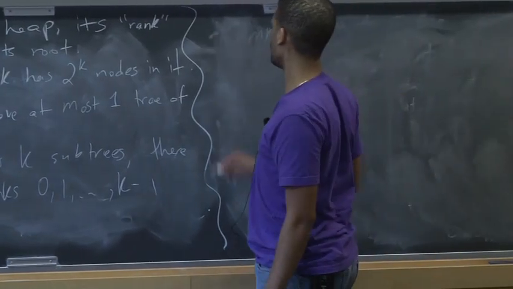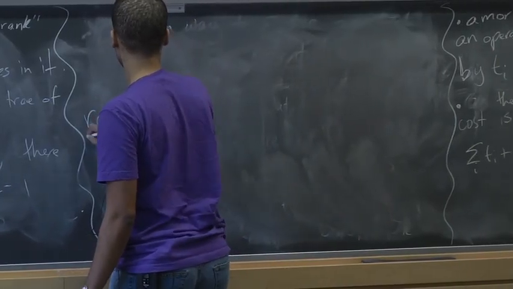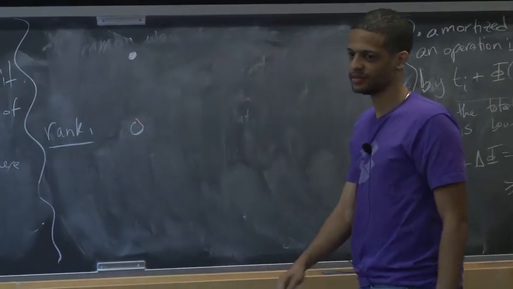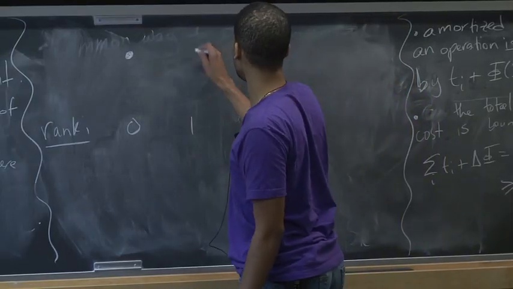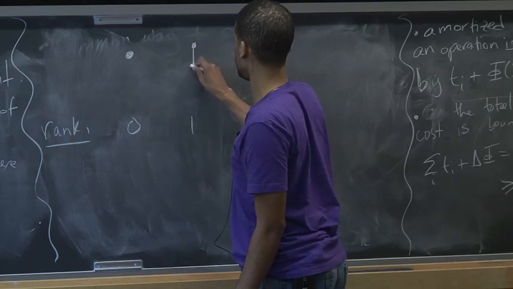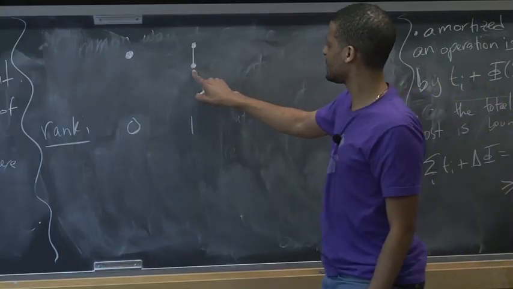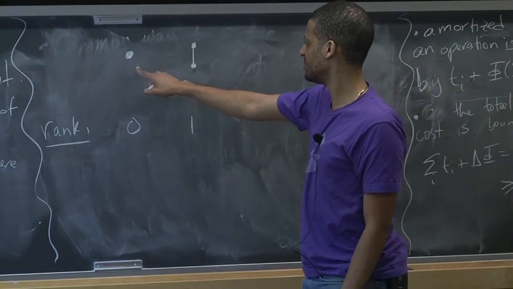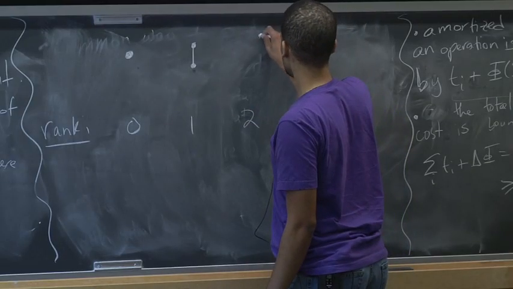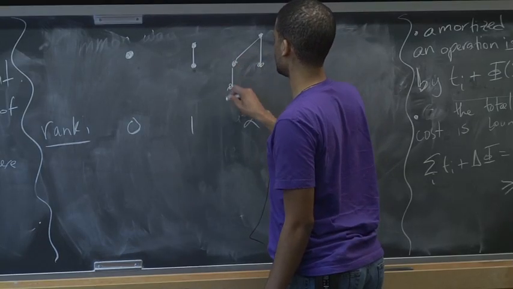So what does a rank 0 tree look like? A rank 0 tree just looks like a node. A rank 1 tree, the root has degree 1, and this is a rank 0 tree, which is just by itself. A rank 2 tree has a child which is a rank 0, and a child which is a rank 1, which means it looks like this.